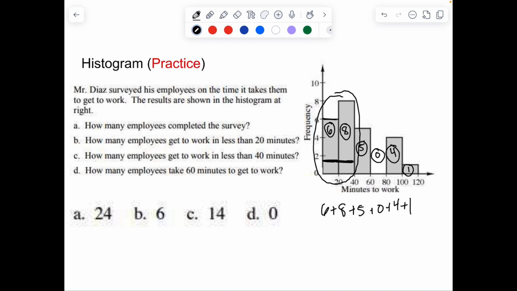Okay, so if you recall, this bar right here is going to be between 40 and 59.999, etc. minutes. Okay, the next bar, which is essentially invisible, starts at 60 minutes. So for 60 minutes, exactly, there are 0 people that take that long to get to work.